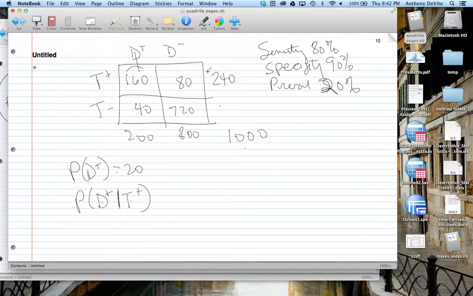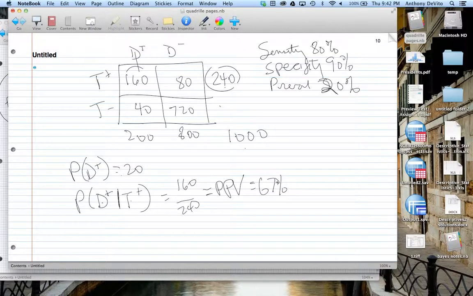Well, these are the people that have tested positive. What's the probability that they have the disease? Well, 160 out of the 240 that tested positive have the disease. Right? That is our positive predictive value. That's the percentage of the time that a positive test is right.